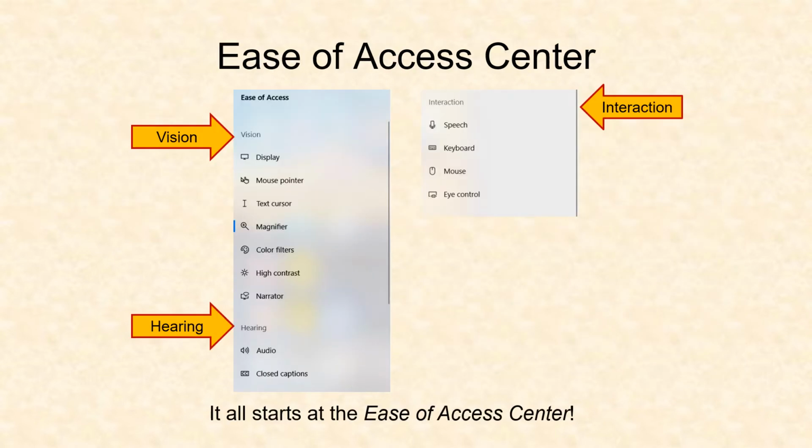Alternatively, if you have familiarity with the Ease of Access Center, or if you would like to go in and explore different individual adjustments that you can make, you'll find that there are a number of different categories and different options that are available. For example, here we can see that there are visual options, there are hearing options, and there are options that deal with how the user interacts with the computer. Let's start exploring and get an overview of many of these options.